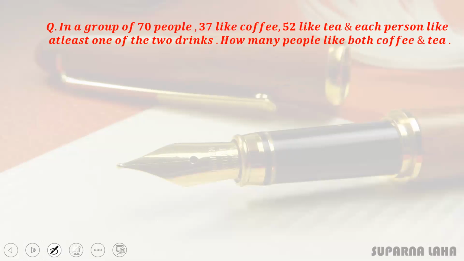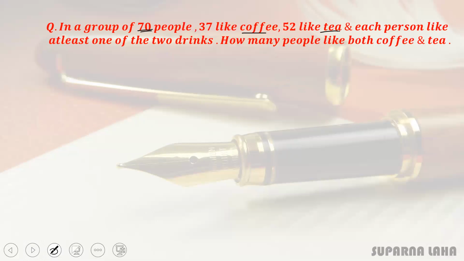Now, what do you mean by this line? That each person likes at least one of these two drinks. That means the 70 people are given. We just need to divide them into two categories, the people who like coffee and the people who like tea. And no one is there who doesn't like coffee or tea.